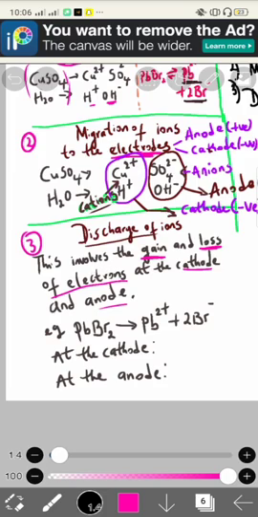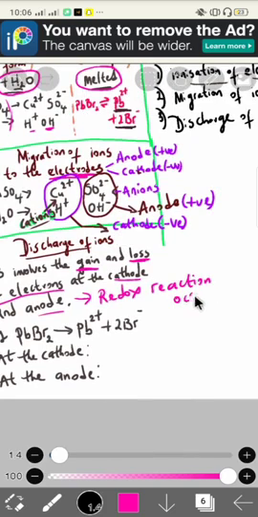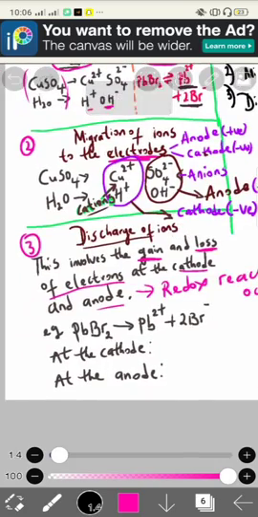So now when you look at this, they said gain and loss of electron. I should tell you that at the third stage, what happens? Redox reaction occurs.